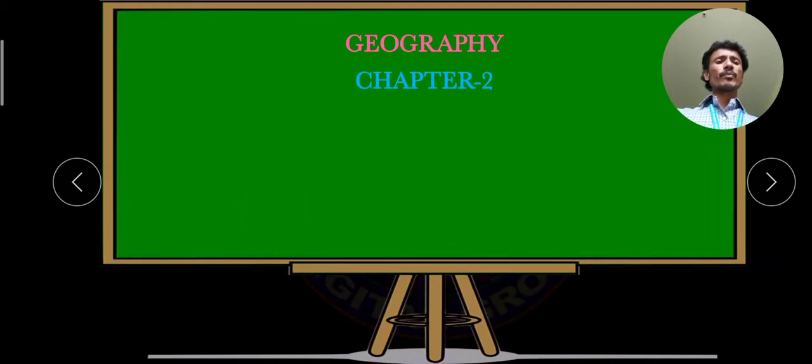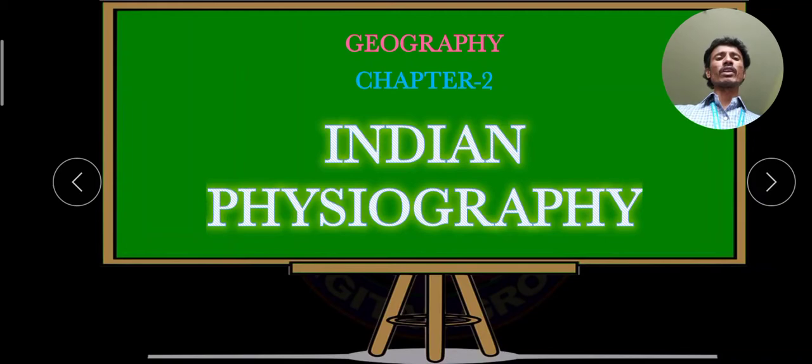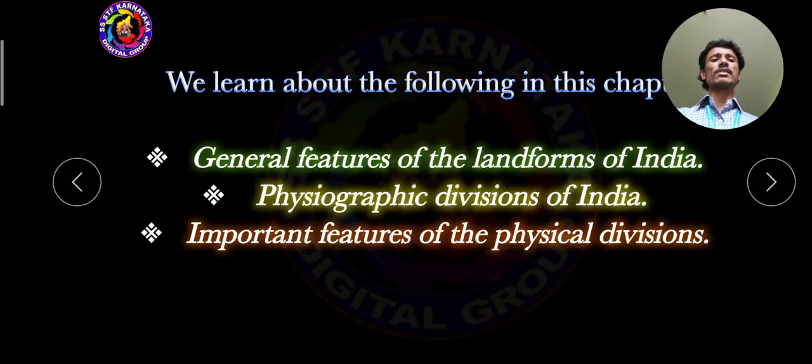Dear students, in this session we have to start a fresh lesson, that is Indian Physiography, class 10 Geography, second lesson. In this chapter we have to learn about general features of the landforms of India.